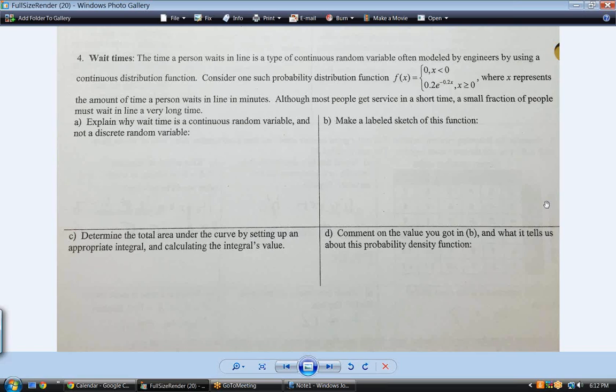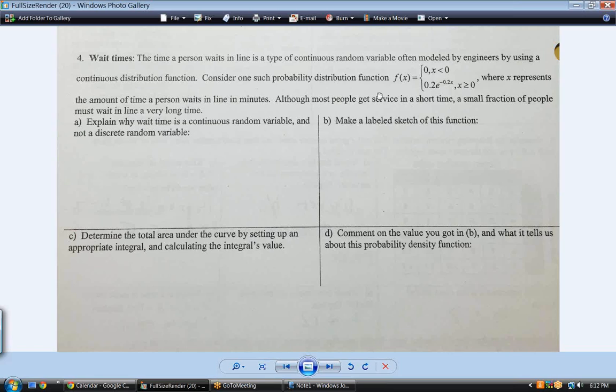I know they're calling it a probability distribution function, but it says in the problem, f of x is 0 when x is less than 0. Right. That makes sense because x can't be less than 0 if it's the amount of time a person waits in line. Right. So, in other words, the only thing we really are concerned with, realistically, is this part of it.